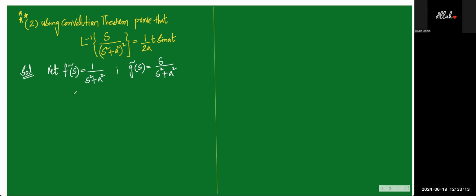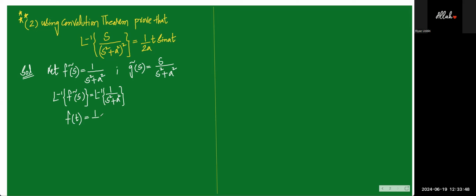Taking Laplace inverse on both sides, Laplace inverse of f bar of s is equal to Laplace inverse of 1 by s square plus a square. This is f of t by the given statement.